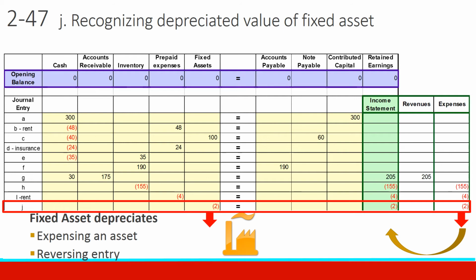So let's go back and look at the asset and what's happening with it. It originally was recorded at 100, and now we're expensing away some of the value. We're reversing the 100, so liquidating it, decreasing it by $2,000. For those of you that have studied a little more accounting, you know that when you go to do journal entries, we're going to break apart that fixed asset column into two separate columns.